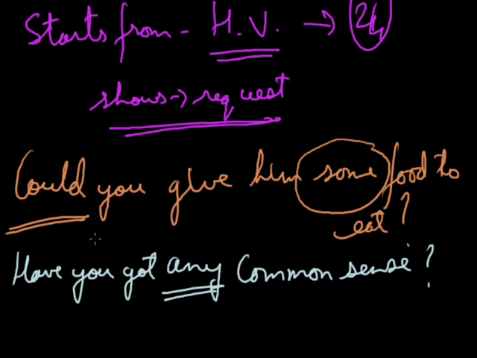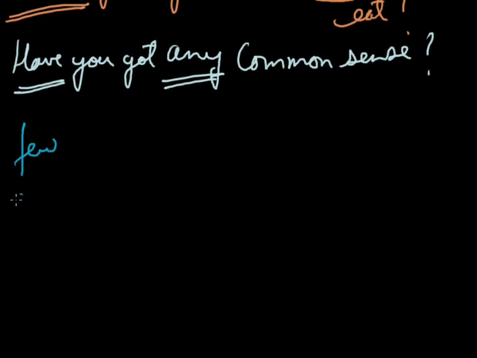So, over here, the helping verb is have, and it is not showing any request. That's why we have used any. We cannot go with have you got some common sense. That will be wrong.